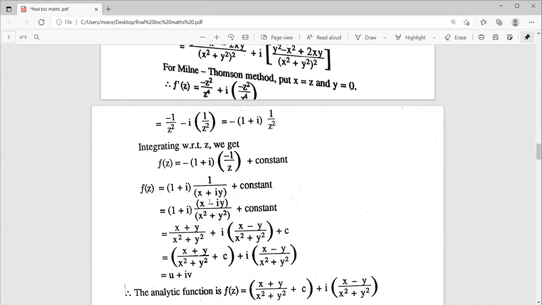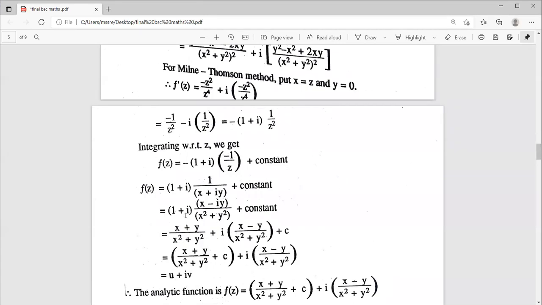So you'll get x minus iy whole divided by x plus iy into x minus iy, that is x square plus y square. Multiply and see. It is x square plus y square plus constant. Now let us separate real and imaginary parts. Why? Let us put the terms with i on one side and the terms without i on the other. So you will get x plus 1 into x minus iy by x square plus y square, that is x plus y by x square plus y square, the real part.